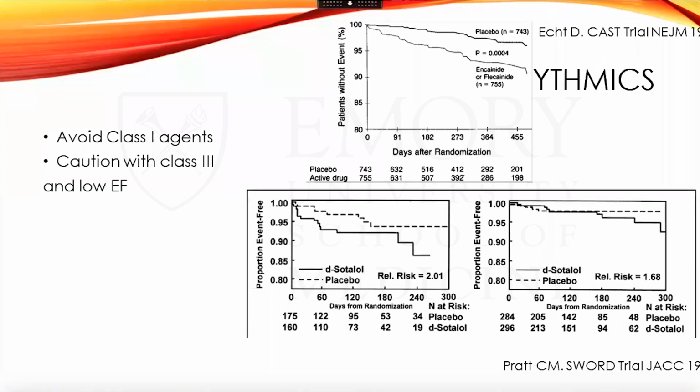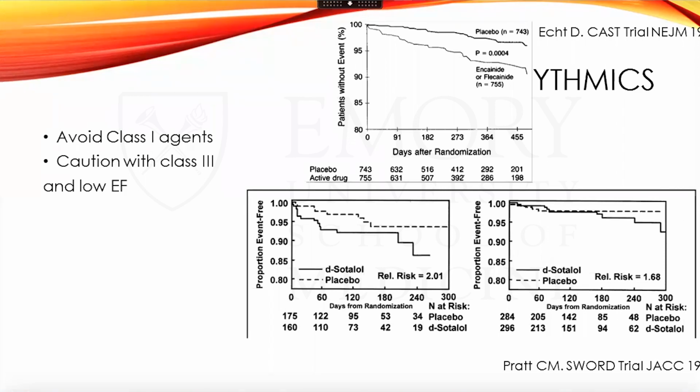An example of some of the mortality is shown in the top Kaplan-Meier curve there. And what we basically saw is that these class 1 drugs worsened survival. They were not used for VT in that study, rather for PVC suppression, but nonetheless, the risk is notable.